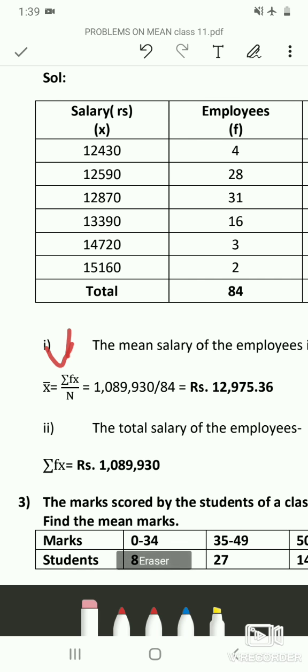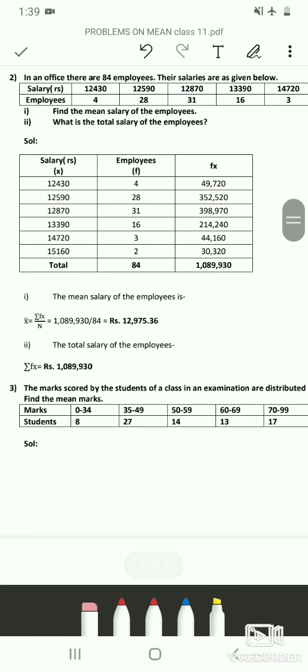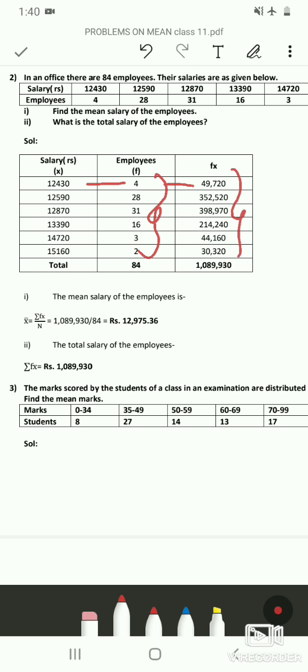So in this formula we need summation fx. So for that you have to calculate fx. So 12,430 into 4, we get it as 49,720. Similarly calculate for all the salaries and you have to add these values to get summation of f into x.